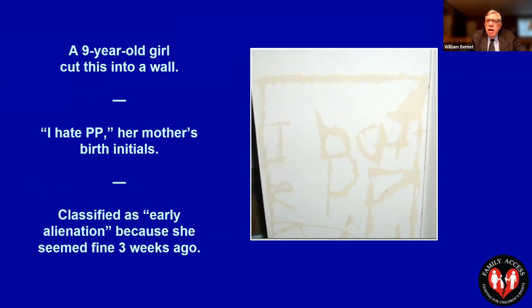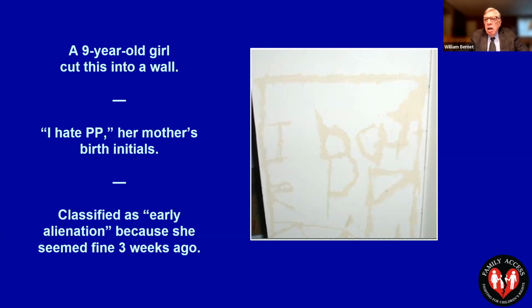If you look at it, the message says, "I hate," H-A-T, and there's an E at the very end, H-A-T-E. And then it says P-P. P-P is her mother's maiden name initials. And the girl's saying, "I hate P-P."